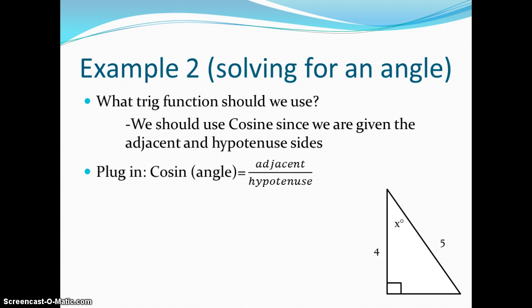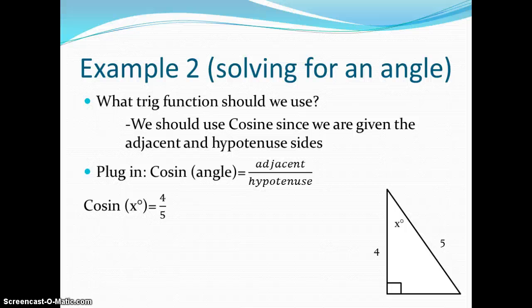We plug it into the cosine of the angle equals the adjacent over the hypotenuse. So we have the cosine of x equals 4, the adjacent, over 5, the hypotenuse.